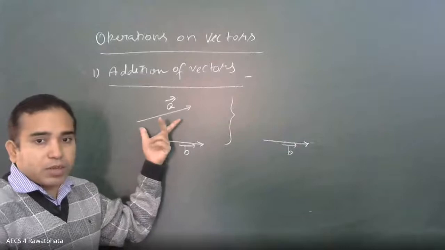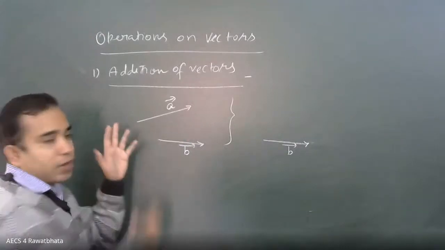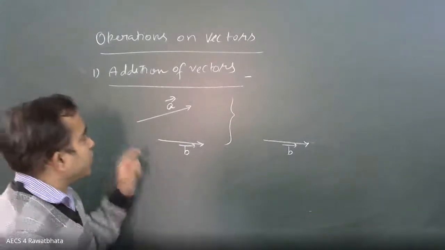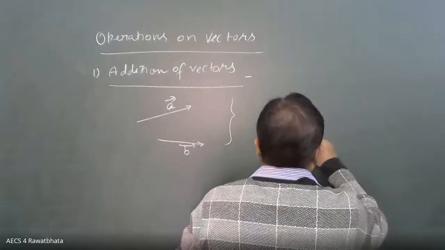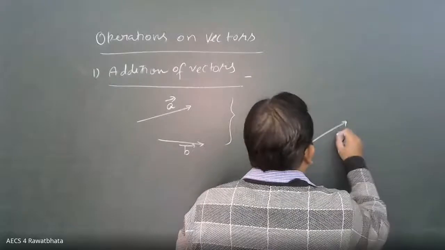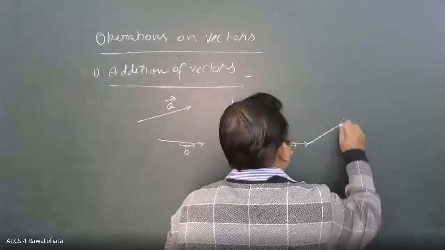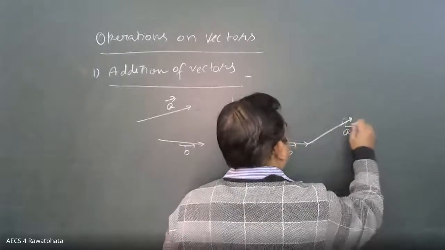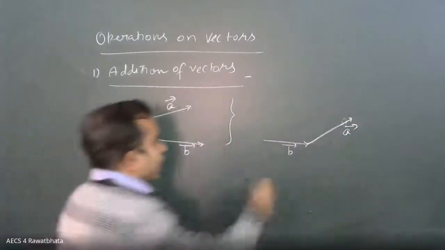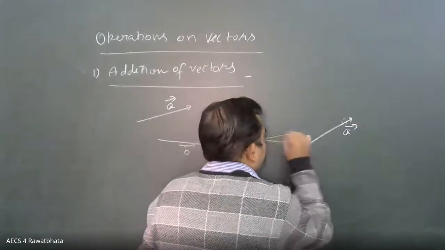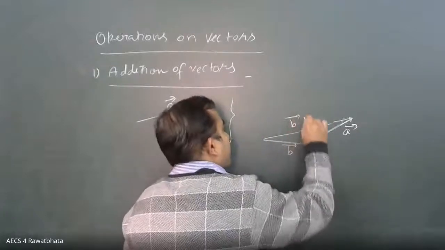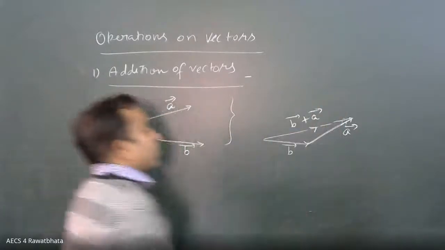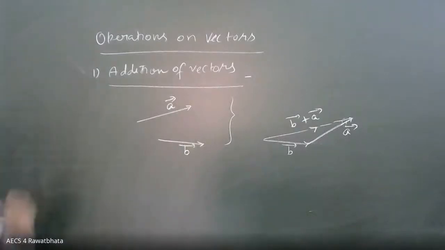Of course, the length of this line segment we have to keep the same, direction we have to keep the same. And this vector you lift and put it here, parallel to the direction which is given. Length also should be the same. This is A vector. Then if you connect them like this, then this vector will be B vector plus A vector. Right. So this is the way how we can add two vectors.